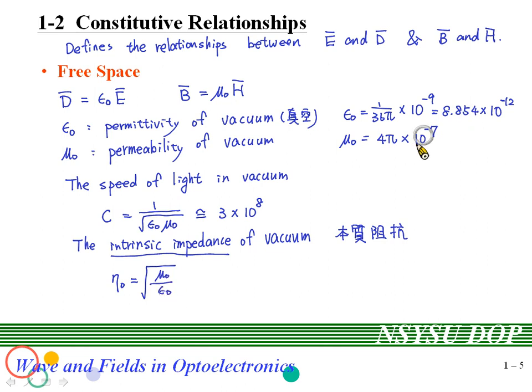Taking the values into this equation, you can know that eta 0 is approximately equal to 120 pi, or you can say that it is almost 377. This is the intrinsic impedance of the vacuum. And these two are the constitutive relationships of free space.